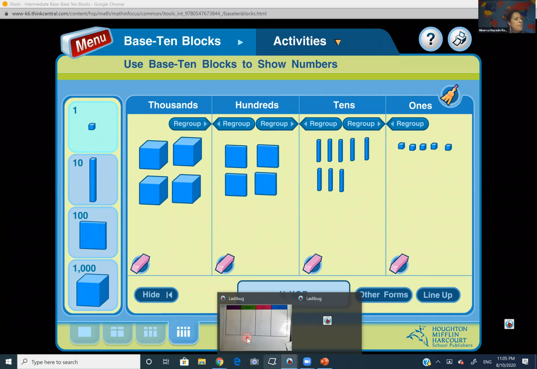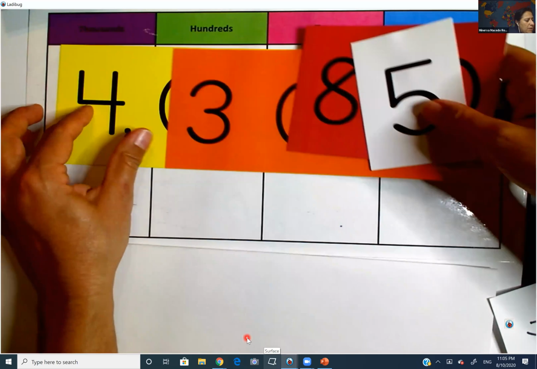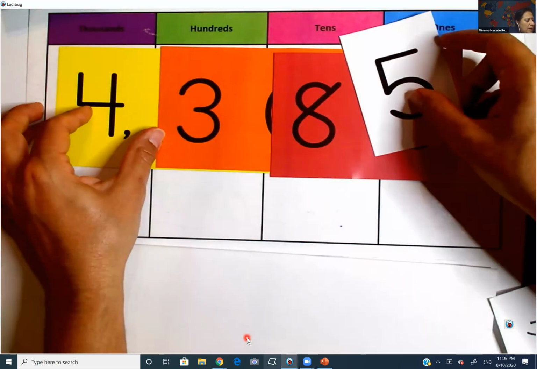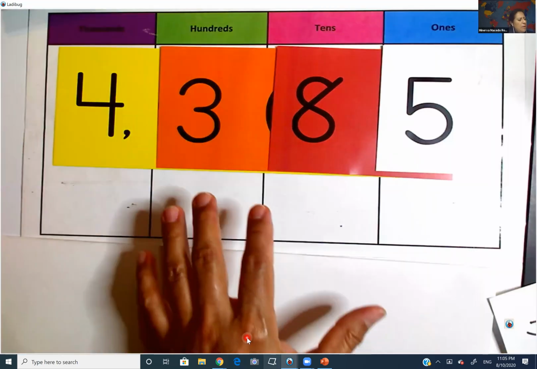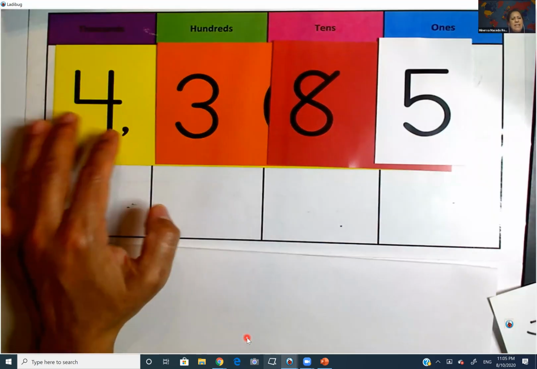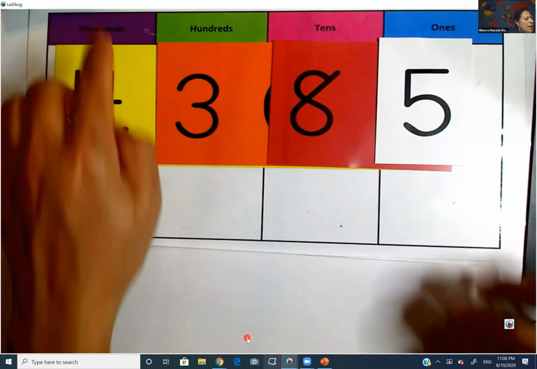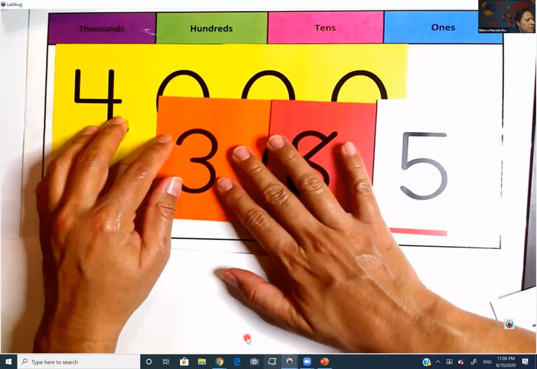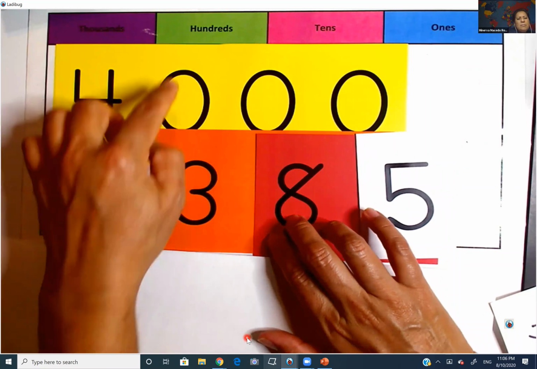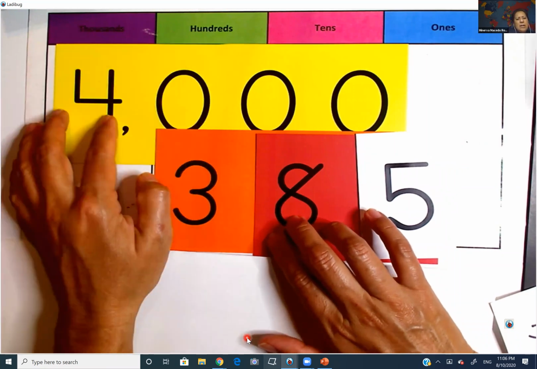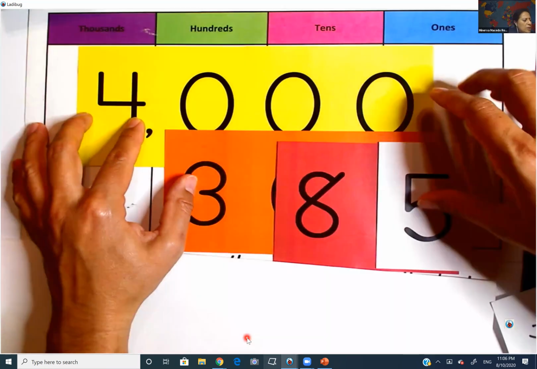Now we have the 4,385. Now, remember, 4,000, this is digit 4, and digit 4 has the value 4,000 because it's in the thousands place. Now the digit 3 is in the hundreds place, and that's the reason why the value of digit 3 is going to be 300.